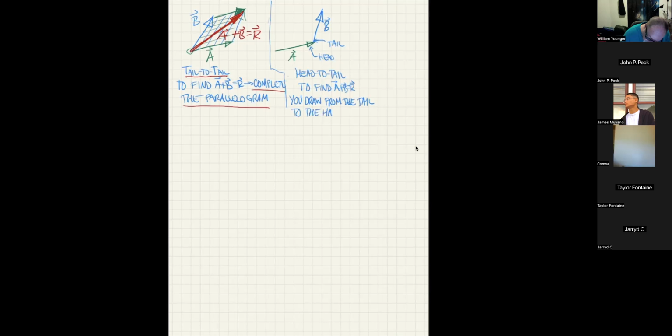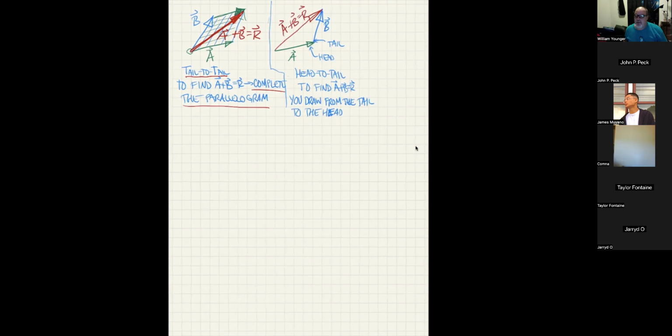Notice it's not ambiguous which tail and which head because there's only one tail and one head that are open. So I'm now going to draw a vector from here to here, and that's A plus B is equal to R.